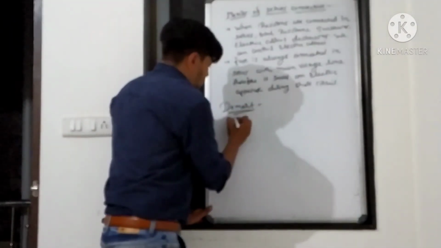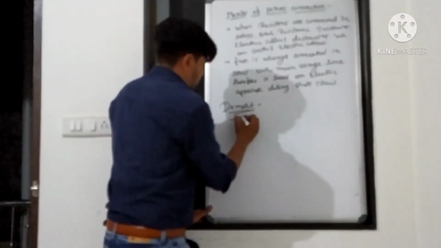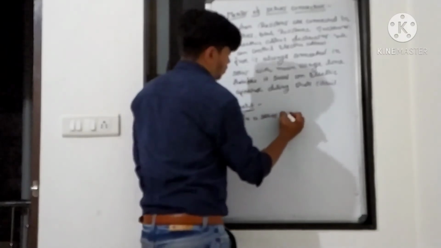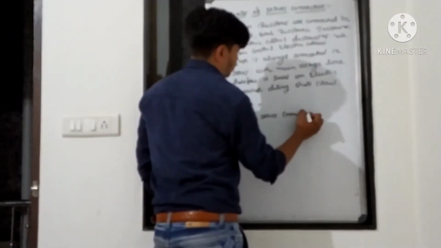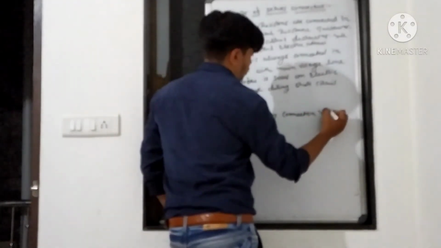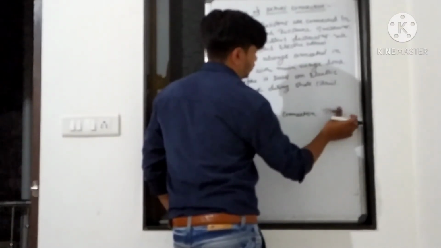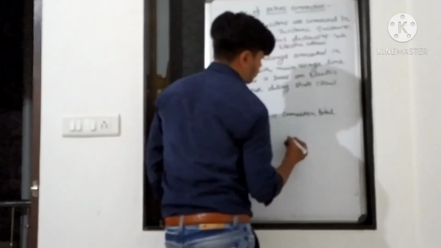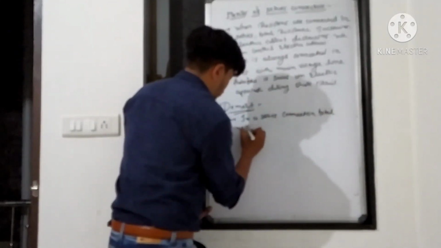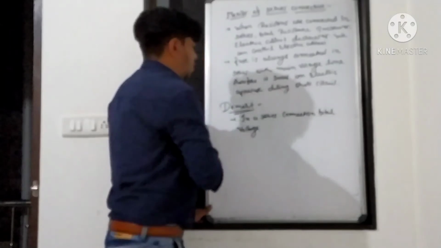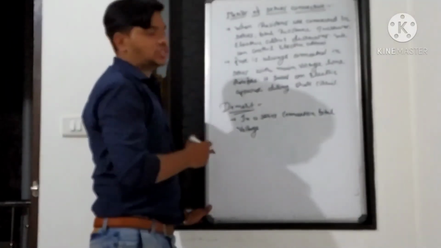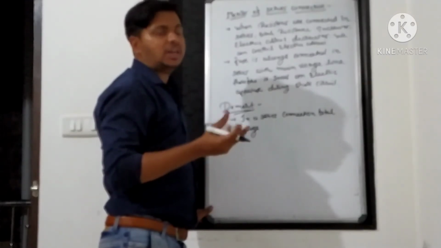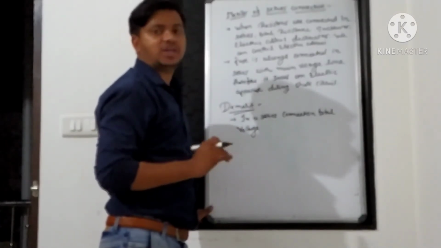The first of all is that in a series connection, generally the total voltage is divided among the different apparatus.